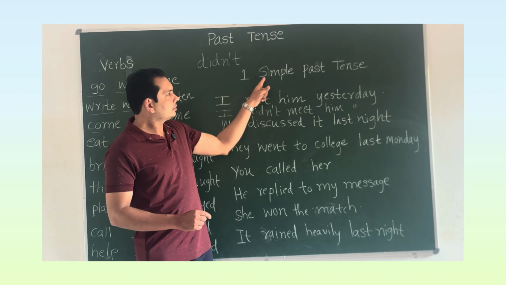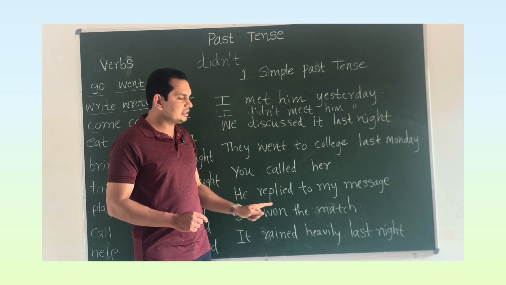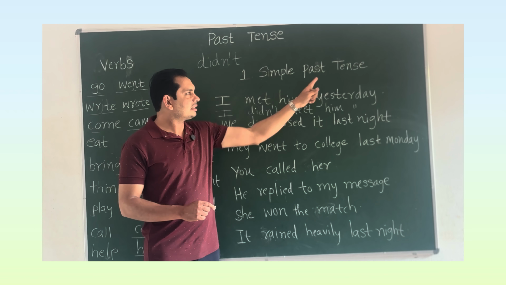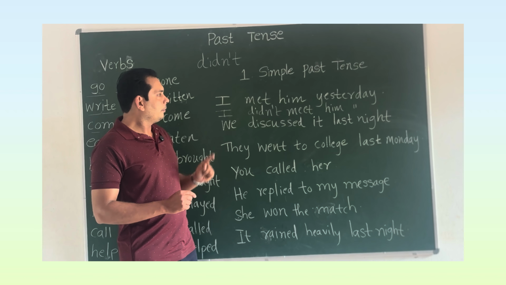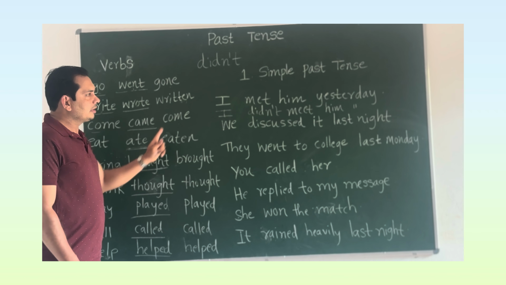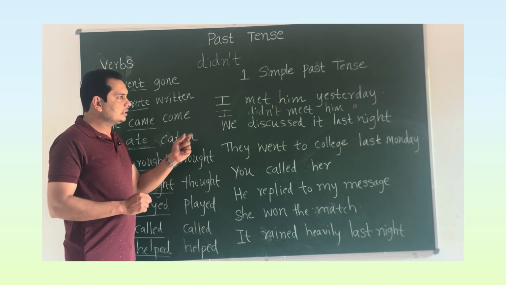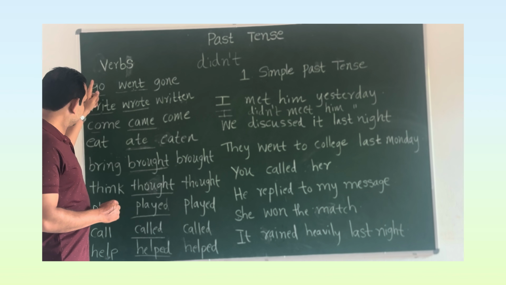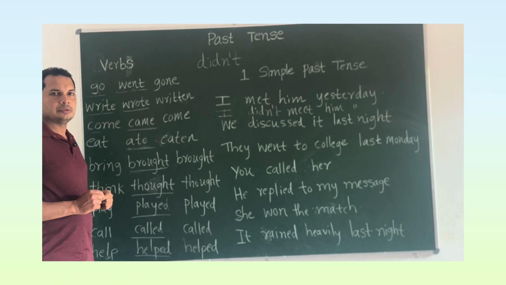After discussing the simple past tense with all these examples, it has become clear to us that in the simple past tense, when we form sentences, we use the second form of the verb in positive sentences, and in negative sentences and in questions, in interrogative sentences, we use the first form of the verb.